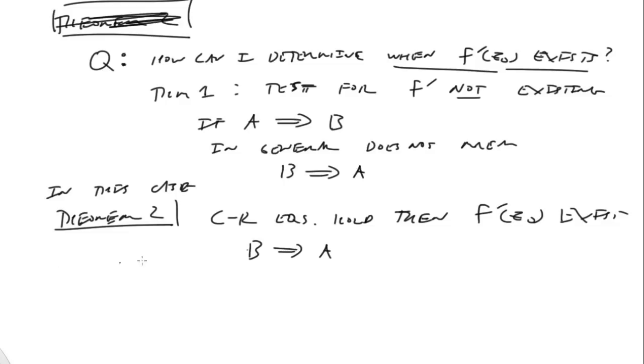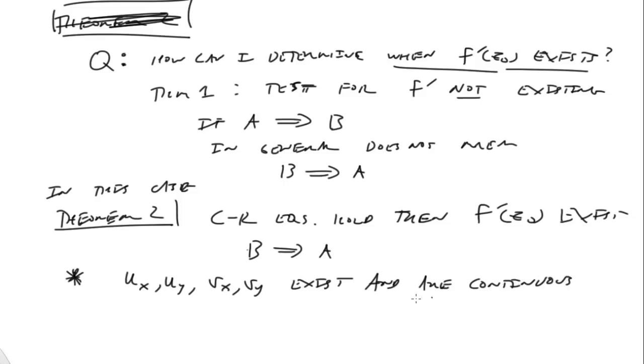But we have one asterisk. We need all derivatives. So we have one little side condition on this. It must be that ux, uy, vx, and vy exist. That's not very controversial. And are continuous at z naught.